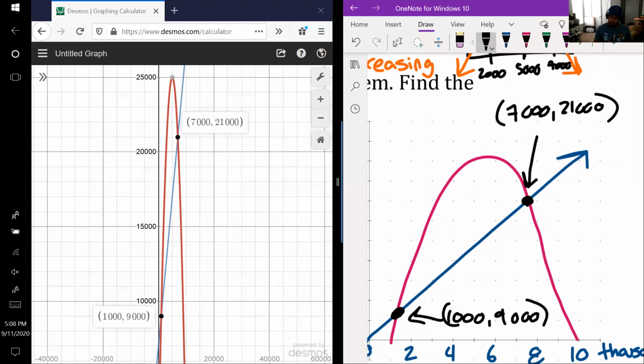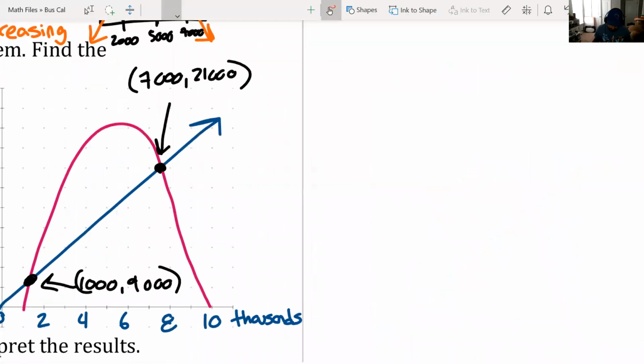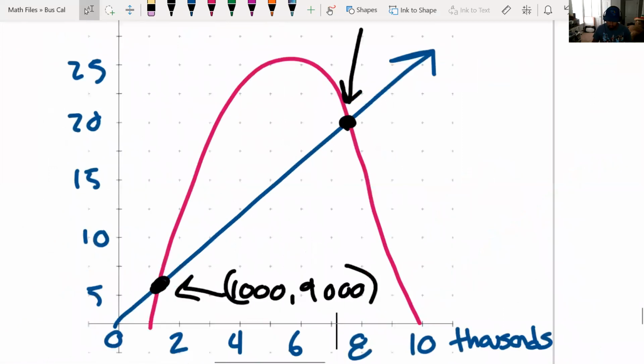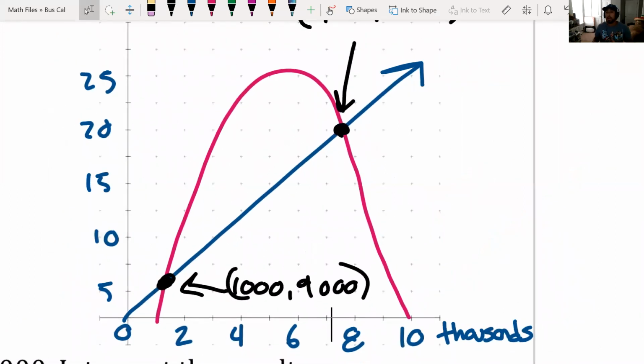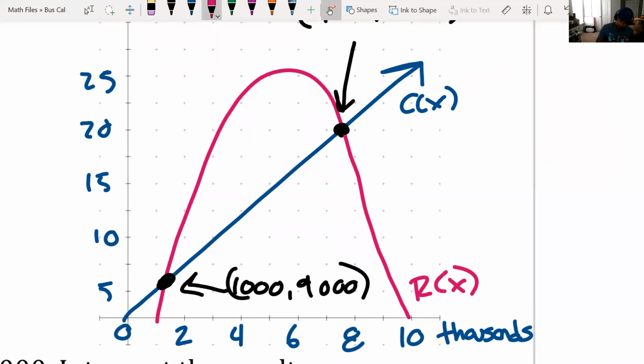Okay. And then we said indicate regions of loss or profit. So back to the notes. Well, remember that you have a loss when cost is greater than revenue. So down here, it's a good color, I'll just do green. Actually, green is good for money, so we'll do purple.